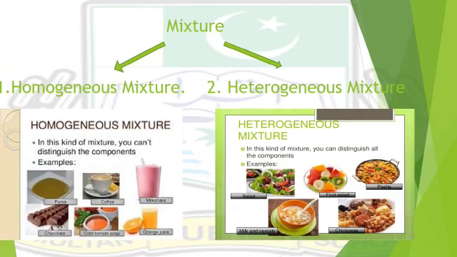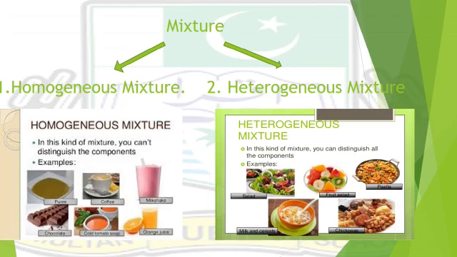There are two types of mixtures. Number 1, homogeneous mixture. Number 2, heterogeneous mixture. A homogeneous mixture has uniform composition and we cannot distinguish the components of a homogeneous mixture. For example, coffee, chocolate, and juice have uniform composition, so they are homogeneous mixtures.